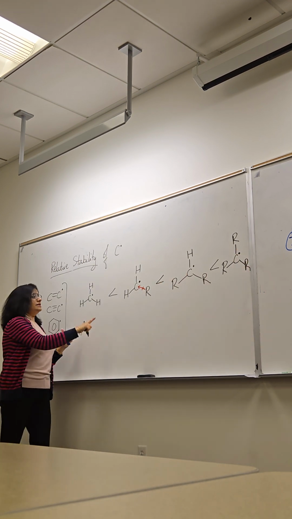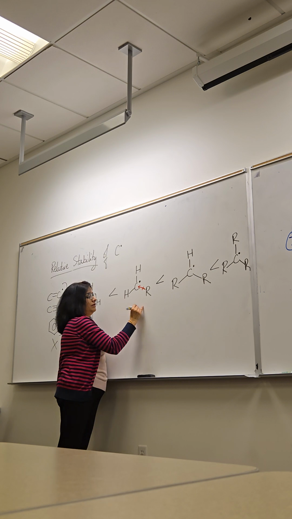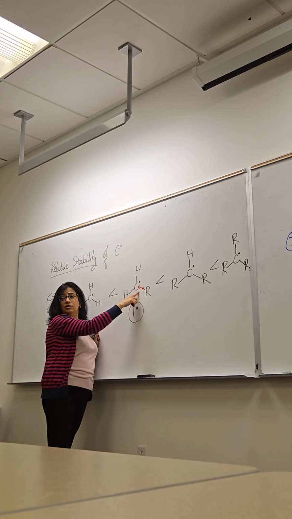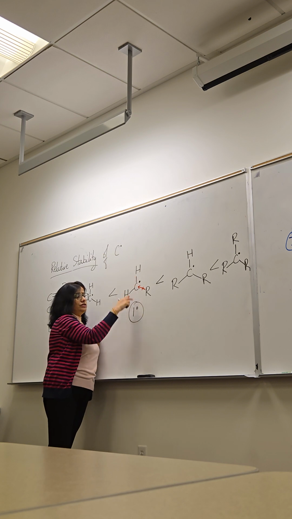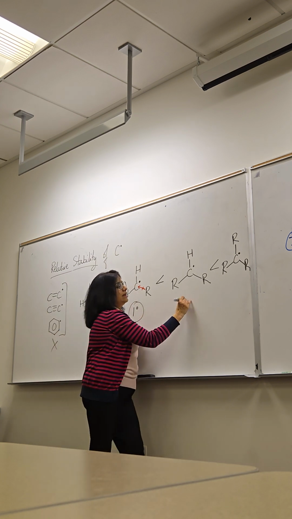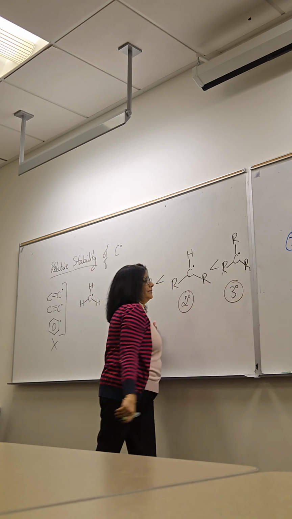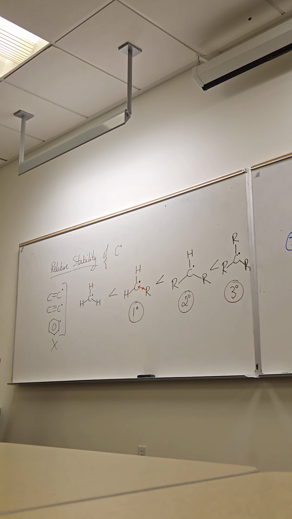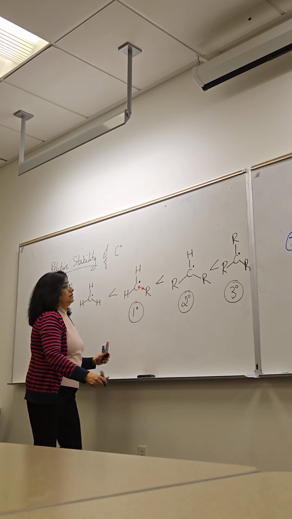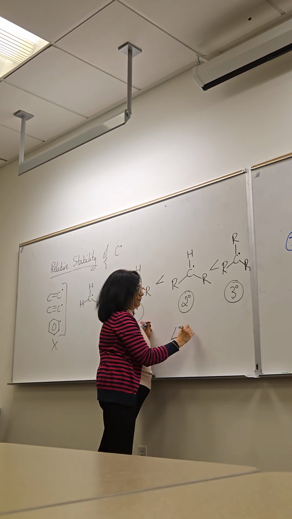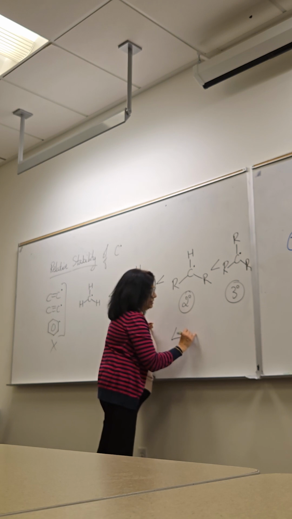This is a primary free radical because there's only one R on the carbon that has the free radical. Two H's, one R. That is a secondary free radical, and that is a tertiary free radical. And even more stable than tertiary can be an allylic free radical, just as an example.